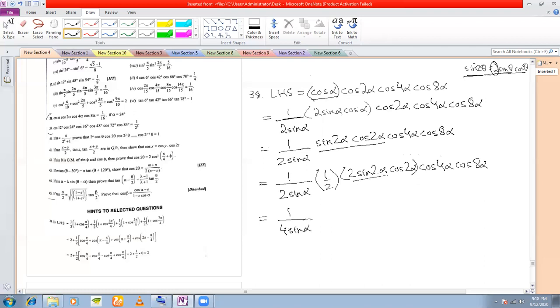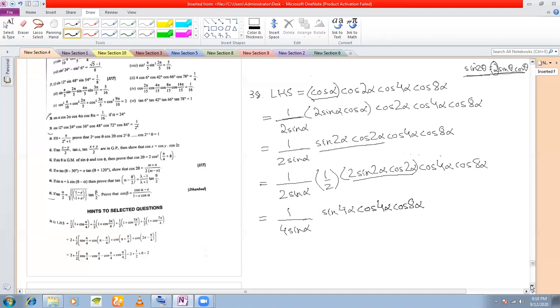And this 2 sine alpha cos alpha can be written as sine 4 alpha, 2 into 2 alpha, 4 alpha. Cos 4 alpha you write as it is, cos 8 alpha you write as it is.